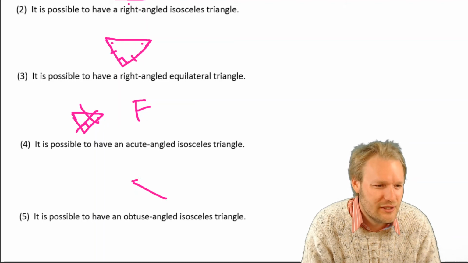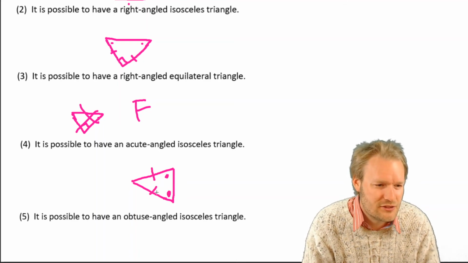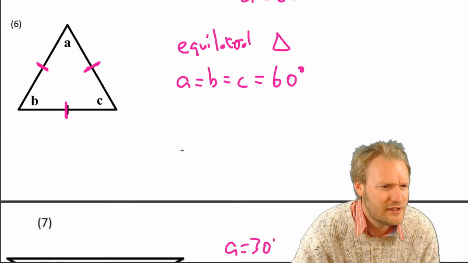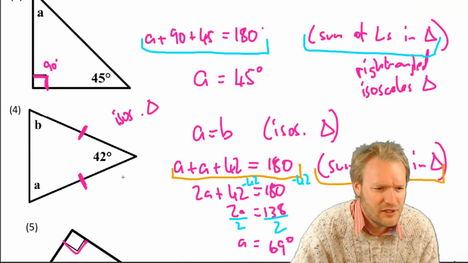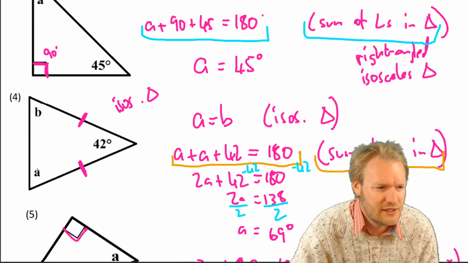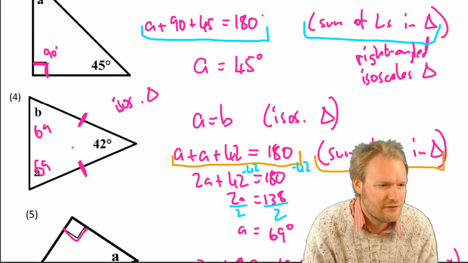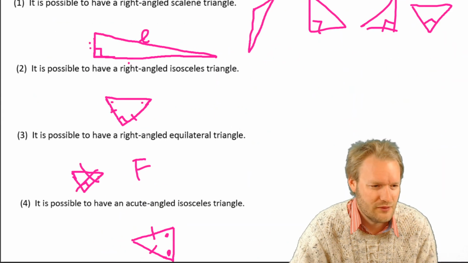Let's do it this way, where all the angles are acute, they're all less than 90, and those 2 angles are the same, and those 2 sides are the same. Definitely looks like it's possible. In fact, that looked like an obtuse one. How about this one? 69. We worked out that this was 69, this was 69, 42. They're all acute. Hey, there was one drawn for us.